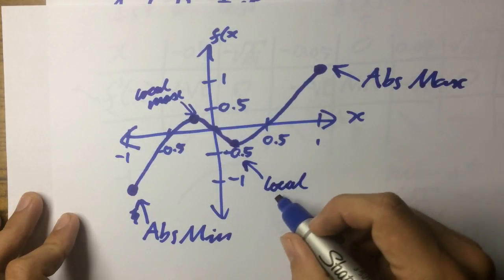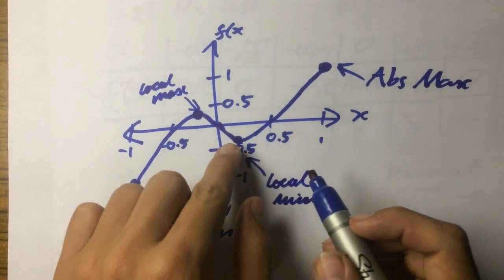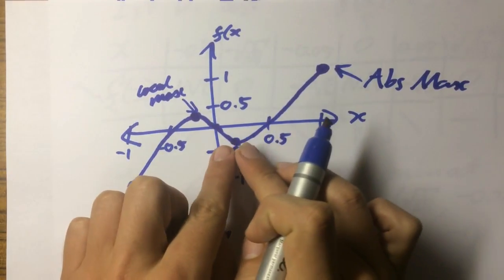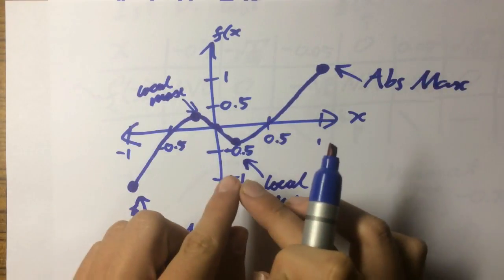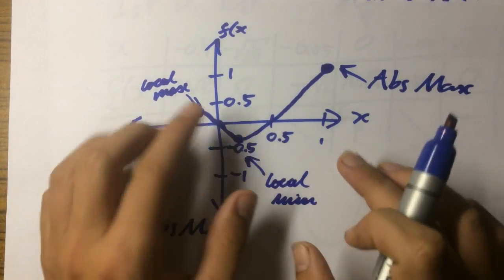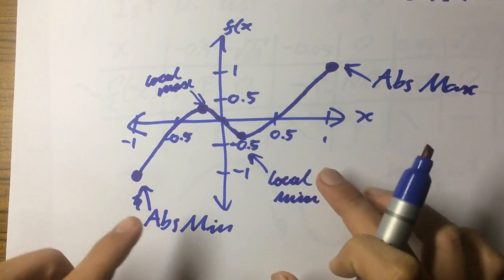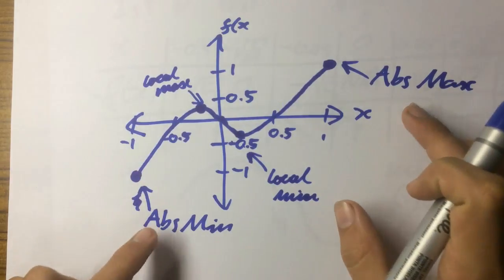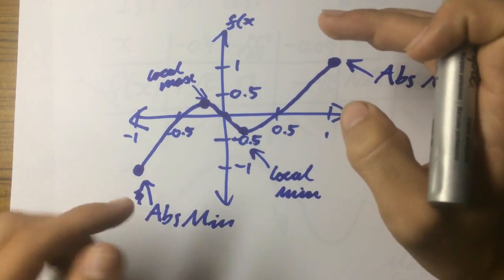That point there is a local min, because if you go to the right it's going up, and if you go to the left it's going up, therefore it comes down to a minimum, but it's not the lowest point, therefore it's a local minimum. It's a minimum to its surroundings, and here is a maximum to its surroundings, but these two are the absolutes for the maximum, and it's the highest point, and this is the lowest point over here.